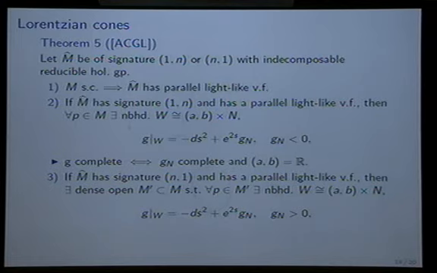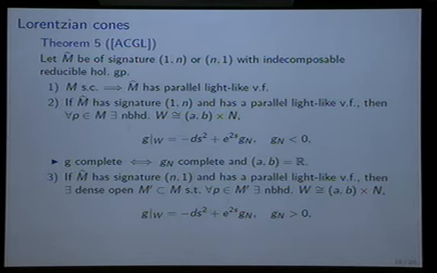But now the metric Gn is positive definite. This means that the base is Lorentzian. So now we consider the cone over a Lorentzian manifold, which is again a Lorentzian cone. So the difference between this case and this is here the base is negative definite. Here the base is Lorentzian.